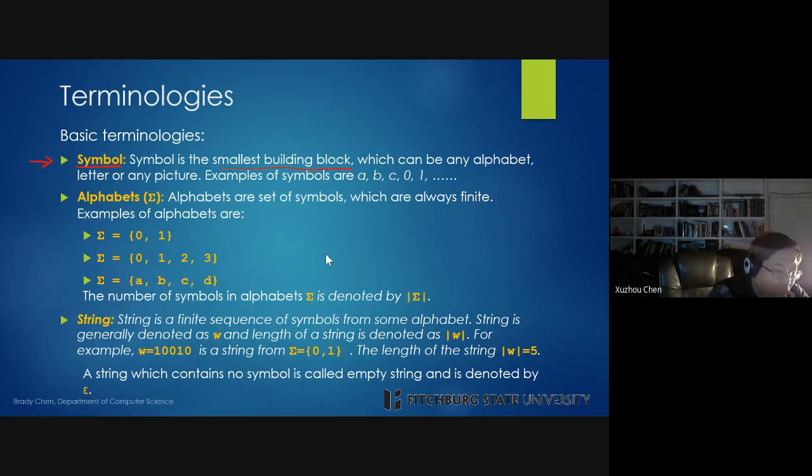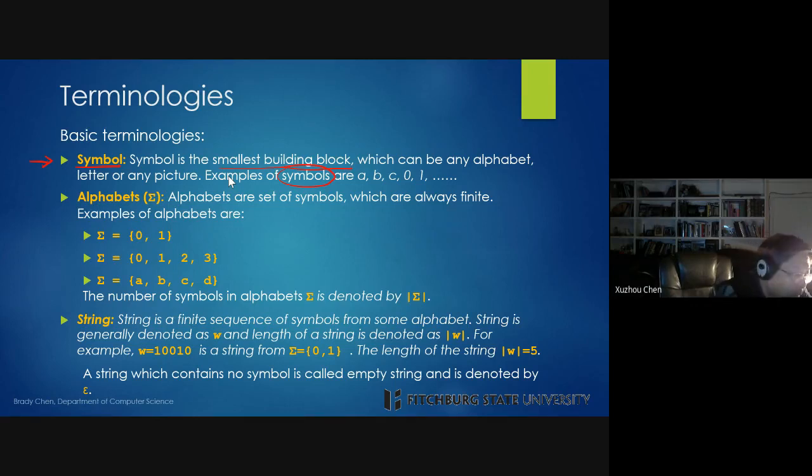Any small object, alphabet, or digital number, you can think of as a symbol. Once you're given a symbol, you should be able to tell the difference between two symbols.